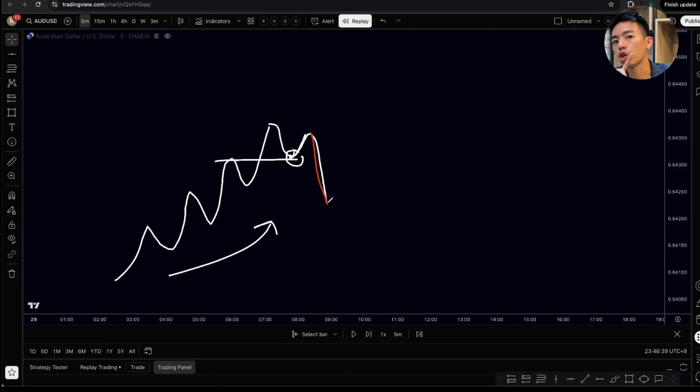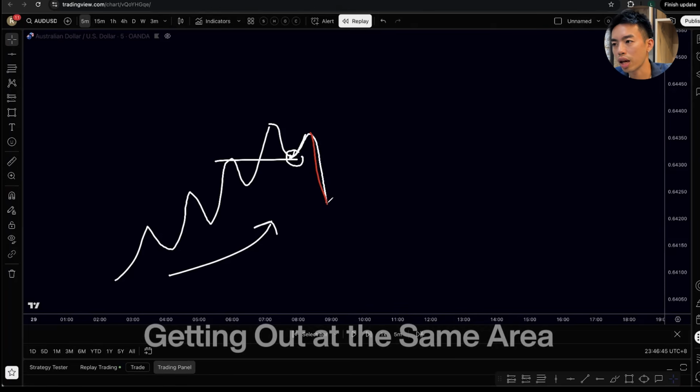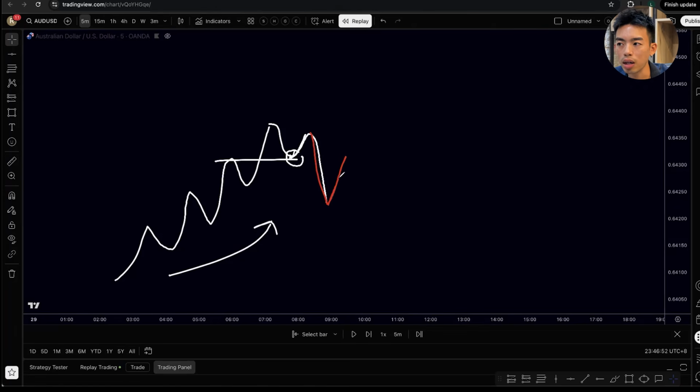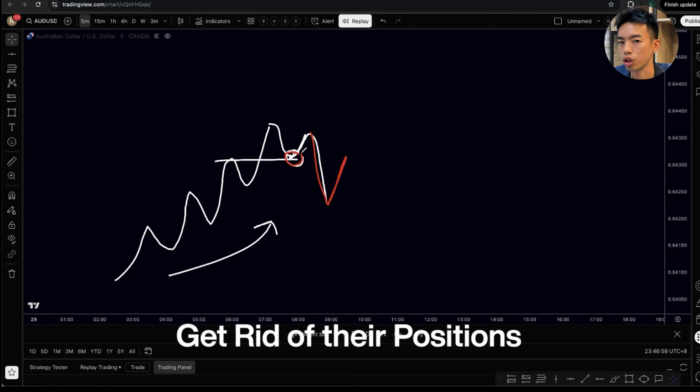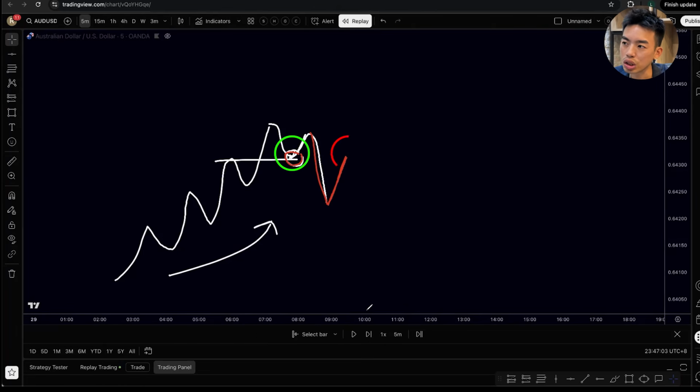Once they are trapped, the logical thing for them to do is get out as price comes back into the same area, which means as price comes back up into this area where they once were buying before, they're going to get rid of their position. Any buy orders that they took at position A, they're going to start selling.